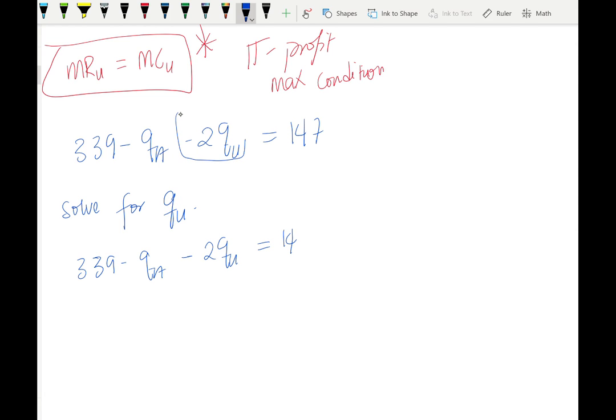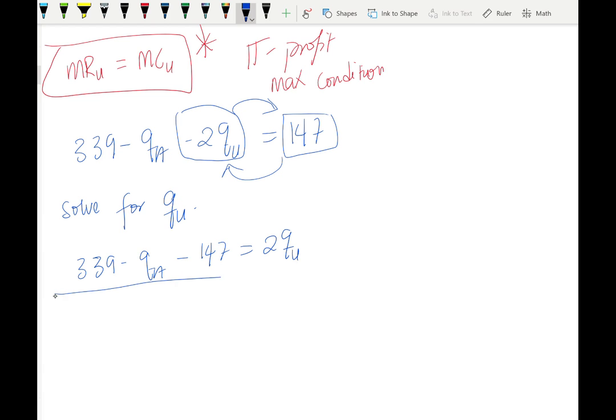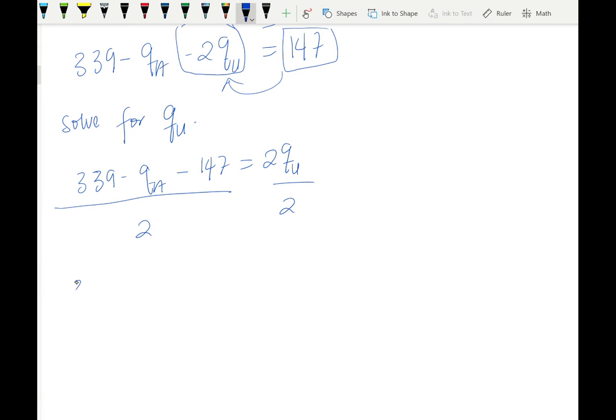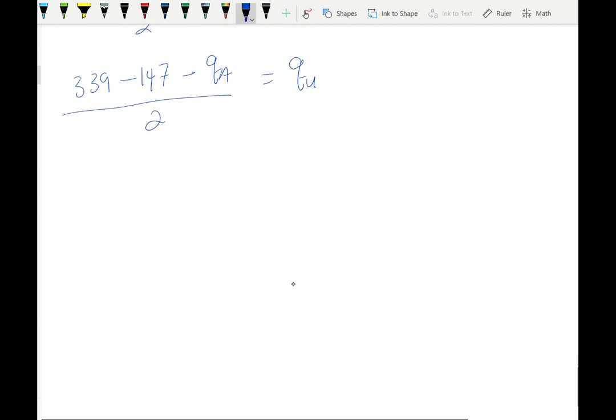I'm going to take the 2 QU to the right-hand side and bring the 147 to the left. So we have 339 minus 147 minus QA is equal to 2 times QU. Divide both sides by 2, and we have 339 minus 147, just rearranging terms here, minus QA over 2 is equal to QU.